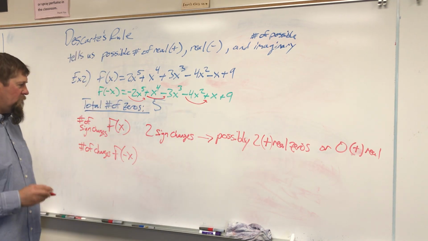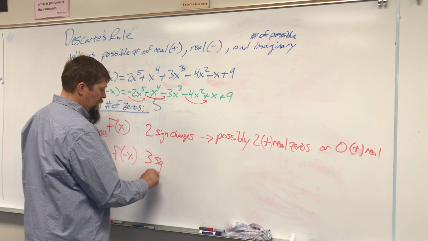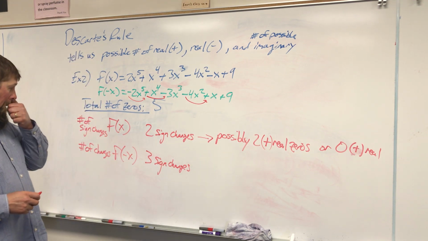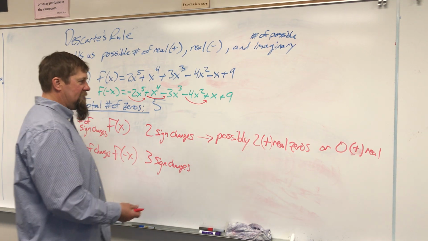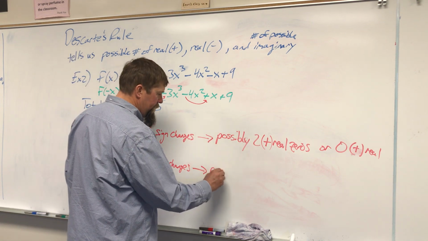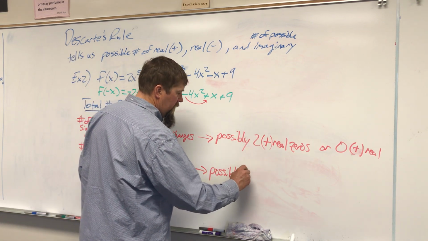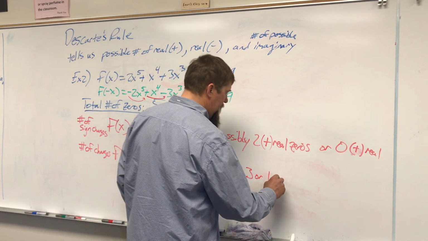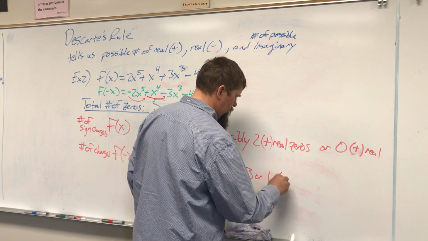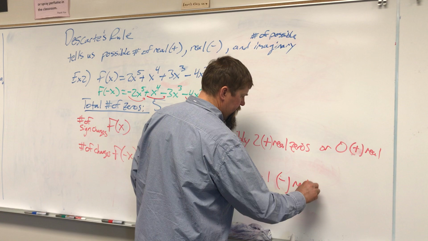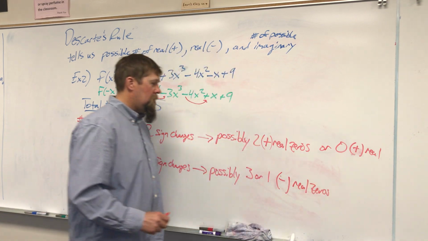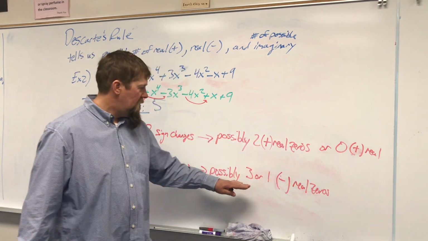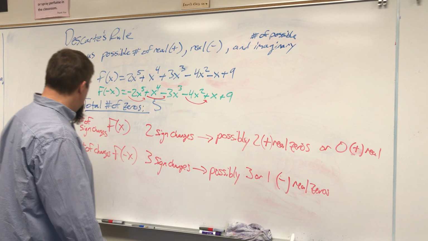So there are actually 3 sign changes, which translates into the possibly 3 or 1 negative real zeros. Remember, we subtract 2. So I know I've got 2 or 0 positive, 3 or 1 negative, and then we look at the imaginary.